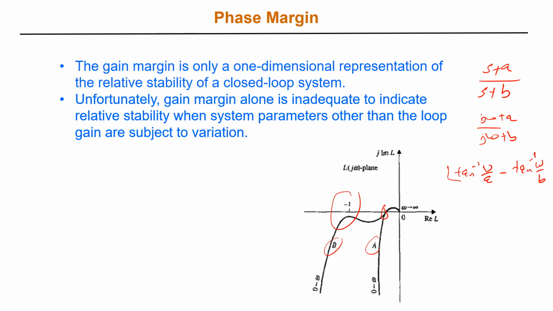So now, the gain margin, we said, is how much gain I can add to the system before I reach the -1. Along the same definition, how do we define the phase margin? Let me try. In the gain margin, we said how much gain I can add to make the system go to the -1.